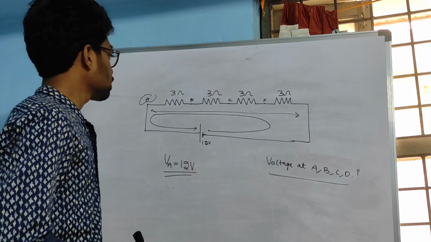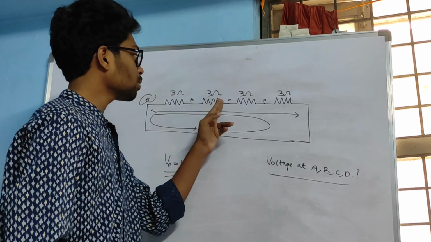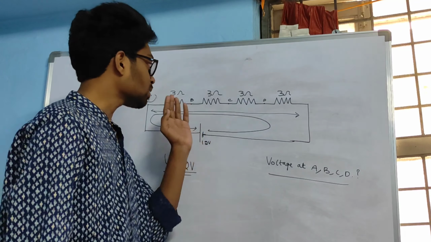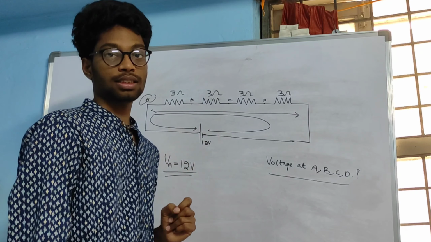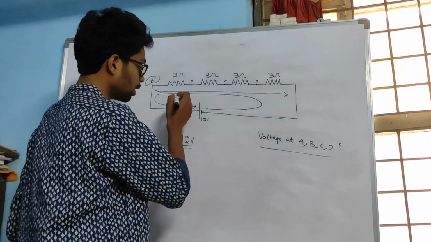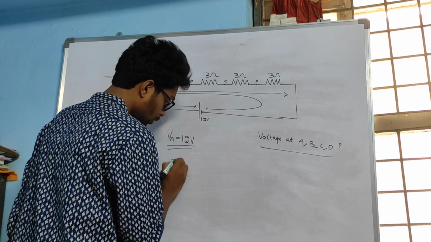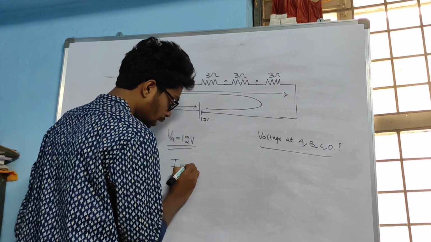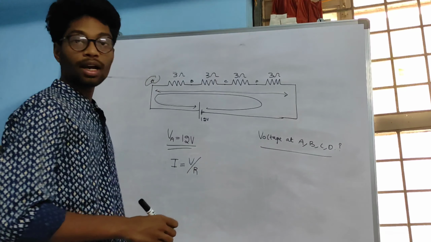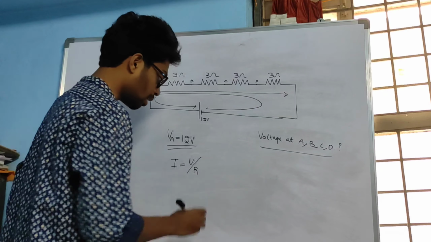So for the better understanding of point B voltage, point C voltage and point D voltage, I am finding the current as well as the voltage drop across each resistance, so that it would be more convenient and easy for you. So for finding the current, we know I is equivalent to V by R. As we have 4 resistances connected in the series, we have to take R as R equivalent.